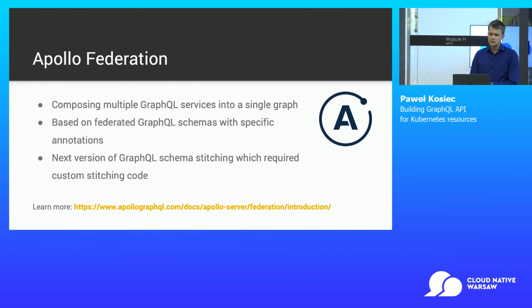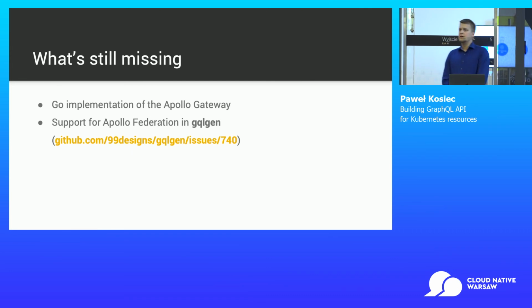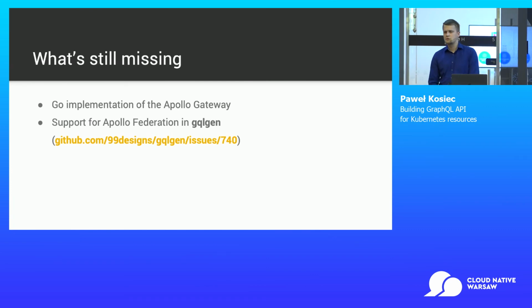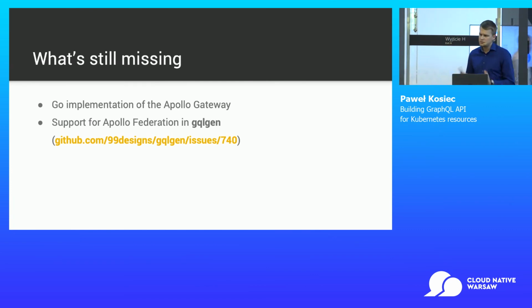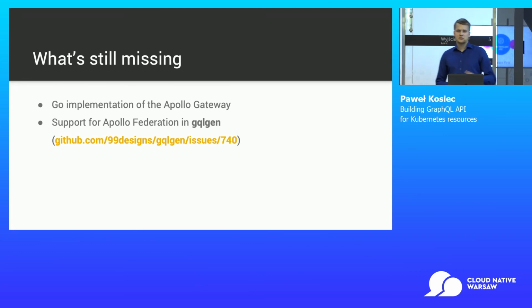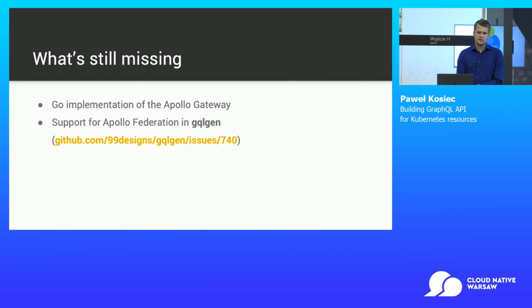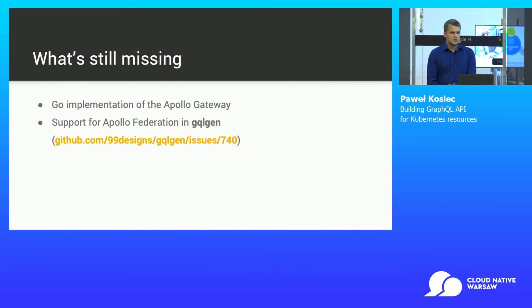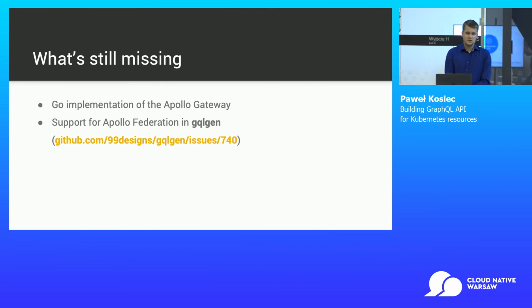But what is still missing? We would like to have a Go implementation, because our rule in Kyma is to have all components in the cluster written in Go. Also, support for Apollo Federation is missing in GQLGen. And another problem I see is that we would need to specify custom annotations in the GraphQL schemas.